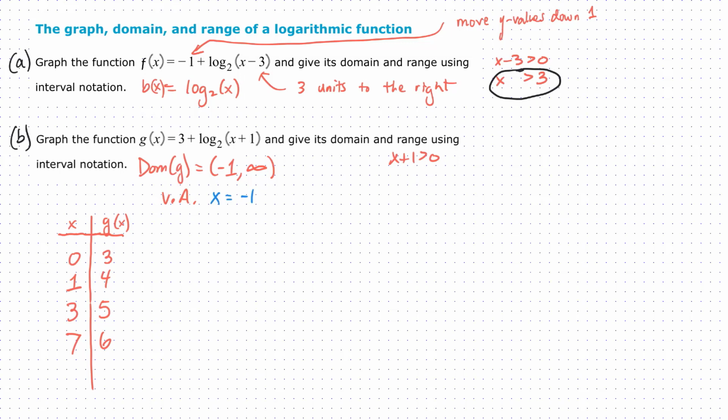Let's bring out our straight edge again. Looks like I have mostly quadrant 1 values, so I'm going to put more emphasis on quadrant 1 here. After you graph your axes, go ahead and plot your vertical asymptote.